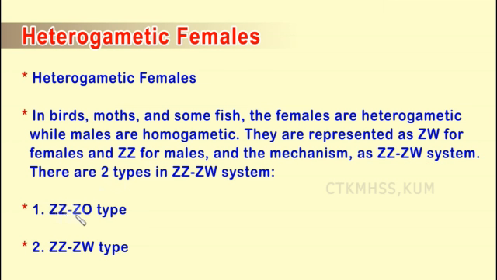One is the ZZ-ZO type, where the W is absent, like XX-XO, and the ZZ-ZW type, like XX-XY type. So two conditions are there in the heterogametic females.